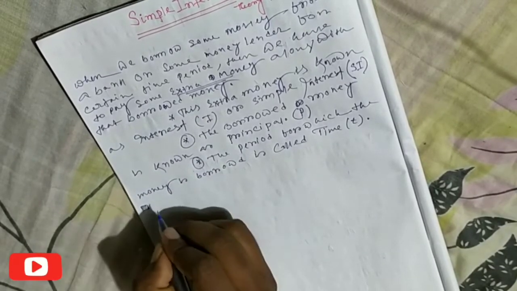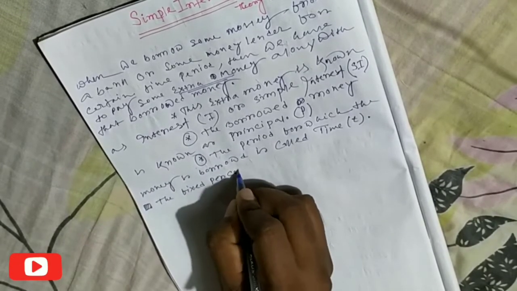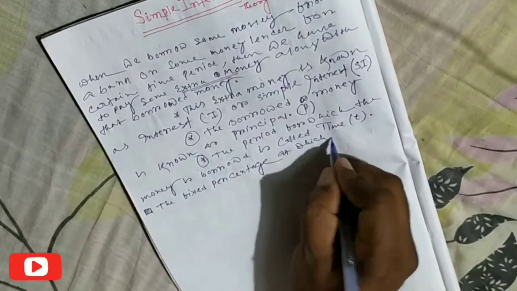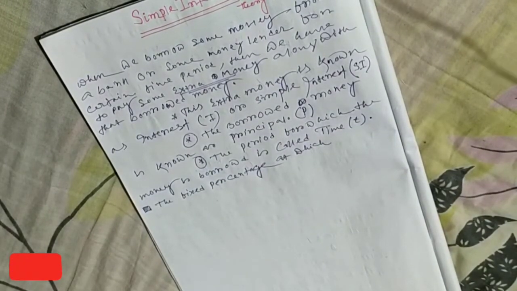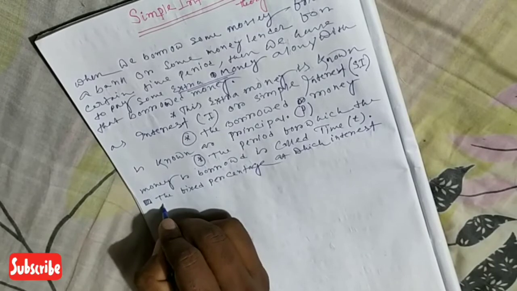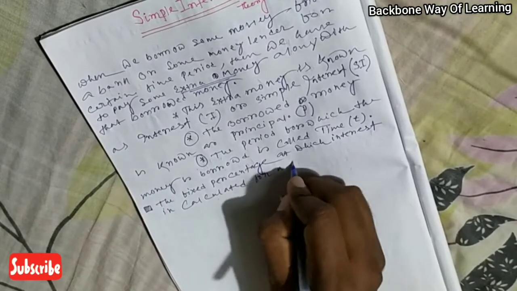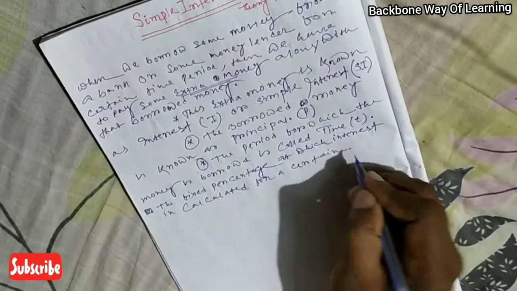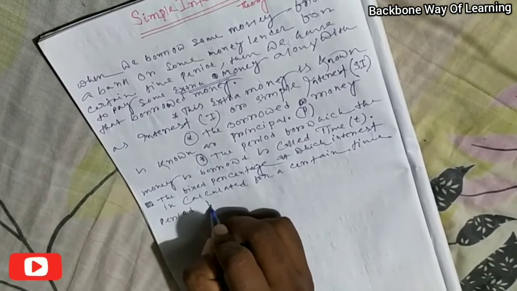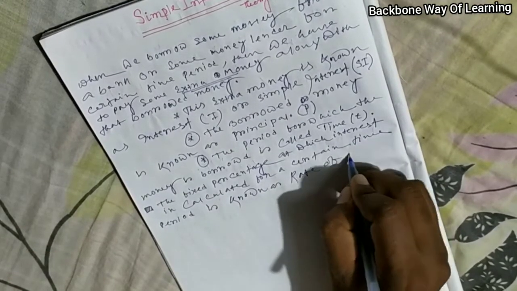This is very important: the fixed percentage at which interest is calculated for a certain time period is known as rate of interest.